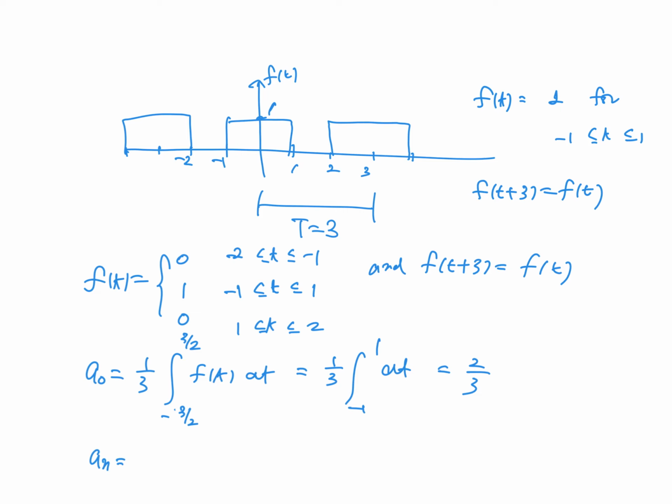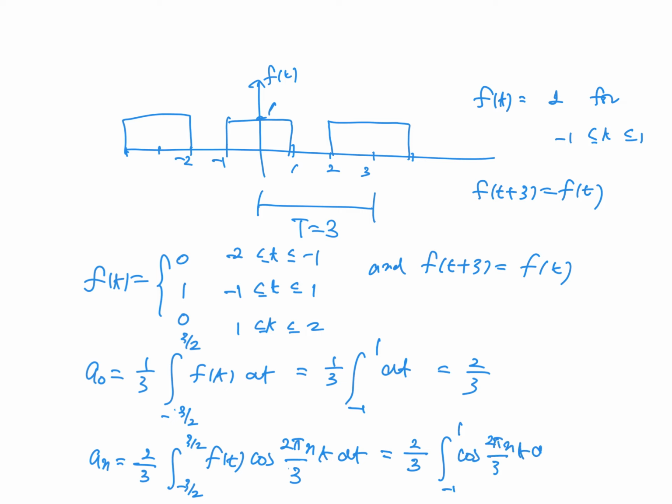An is 2 over 3 times the integral of f(t) cosine of 2 pi n t over T, with T equal to 3, dt. And nicely, it's 2 over 3 times the integral from minus 1 to 1 of cosine 2 pi n t over 3 dt.